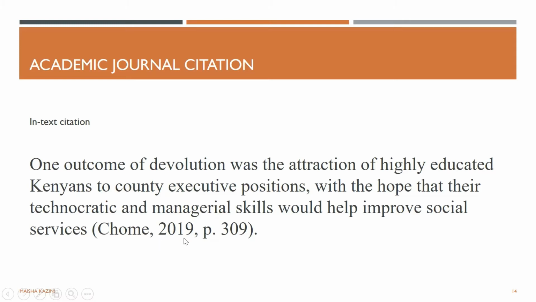I put the year of publication, comma, space. Then P, full stop, space. Then 309, which is the page number. And then I close the parenthesis and put the full stop after. This is important. The full stop at the end of a sentence which has a citation comes after the citation and not before it.